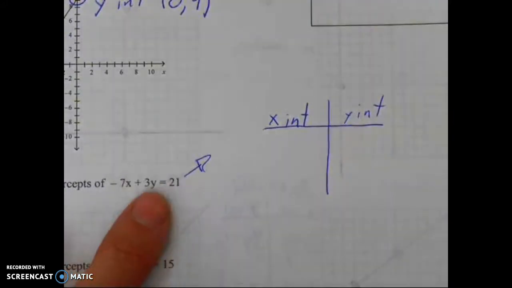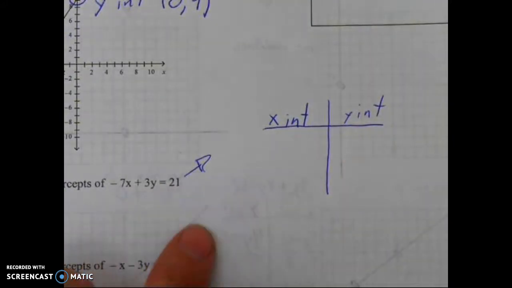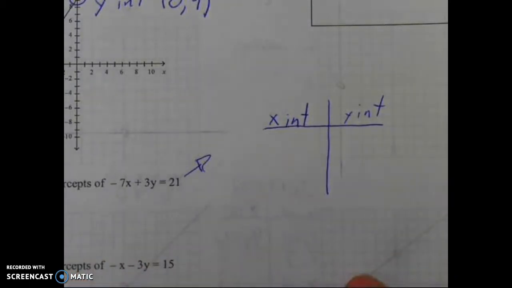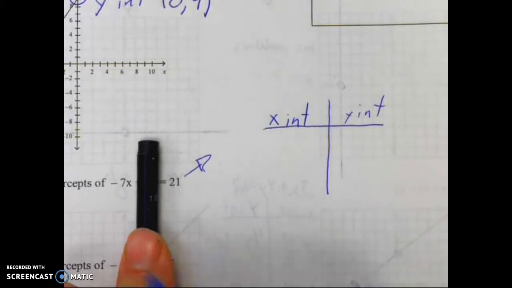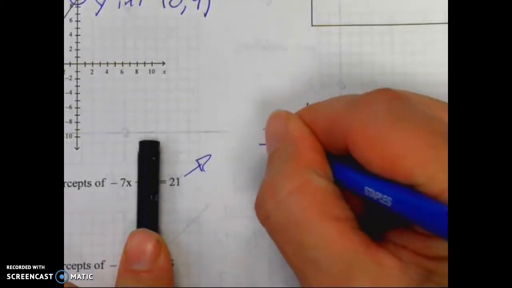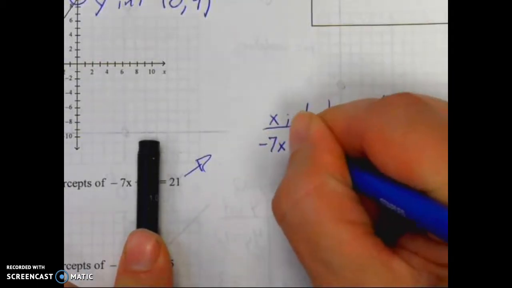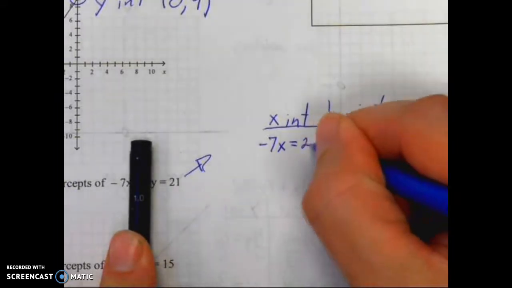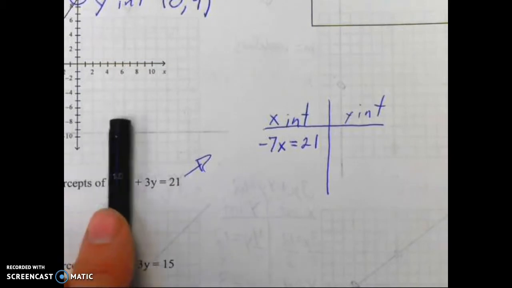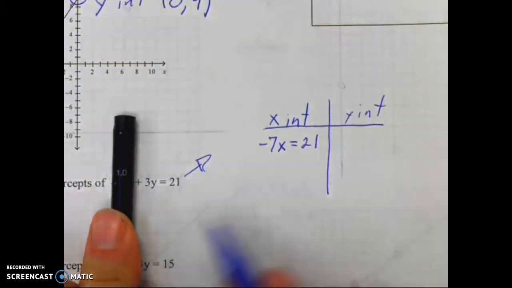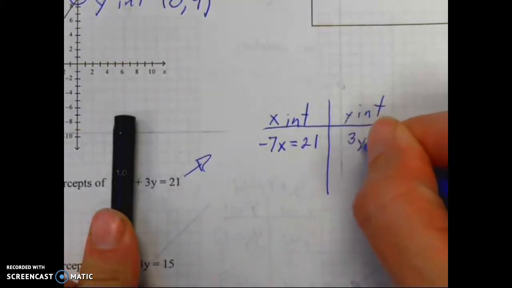Now, looking at my equation right here, the x-intercept means I keep the x's. If I keep the x's, that means I can cover up the y. And what do I got? Negative 7x equals 21. The y-intercept, I cover up the x. And I have 3y equals 21.